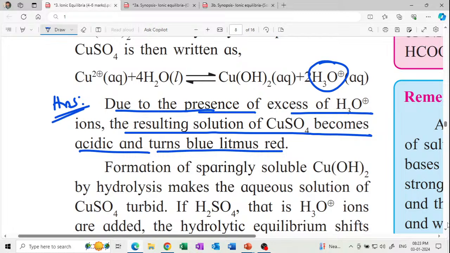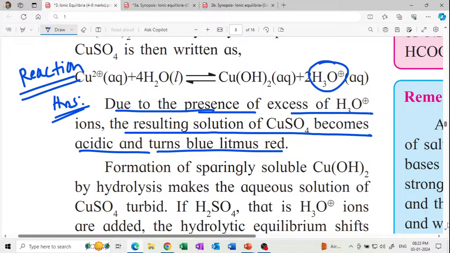This is the answer and this is the reaction. At least you should be able to write the reaction in this way. Just write this much. Understood? We write the reaction. The reaction and the answer should include this: due to presence of excess of H3O+ ions. Due to the presence of excess of H3O+ ions, the resulting copper sulfate solution becomes acidic and turns the litmus paper red.